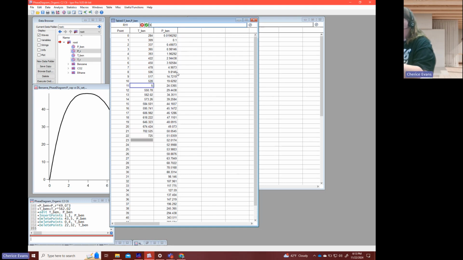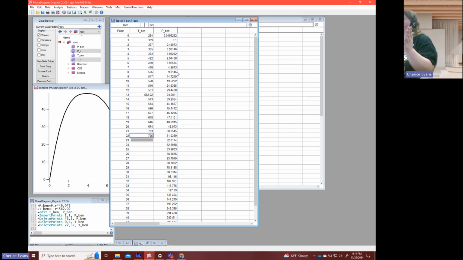Now, because of how big the critical region is, in other words, because of just how big this phase diagram is, how broad the temperature range is, I can round to the nearest degree.